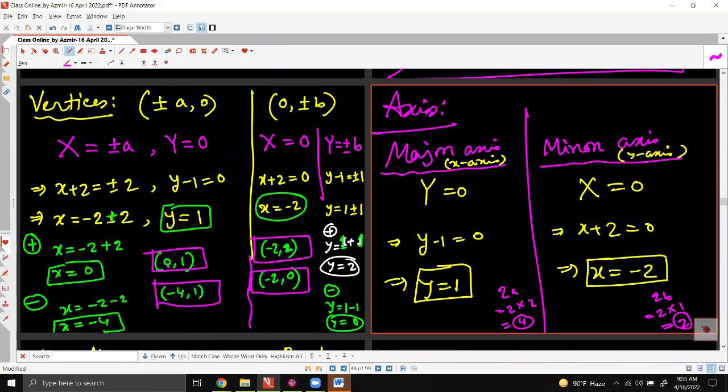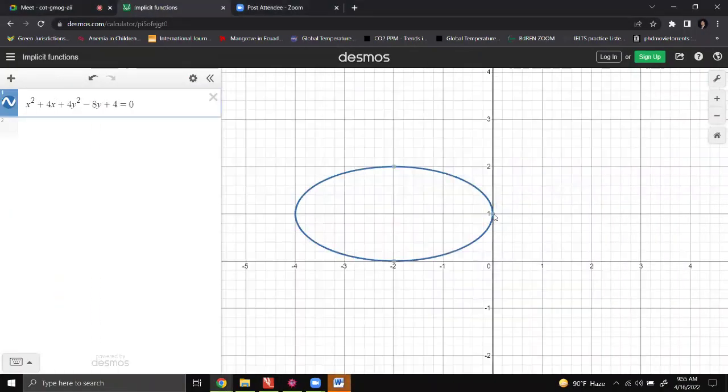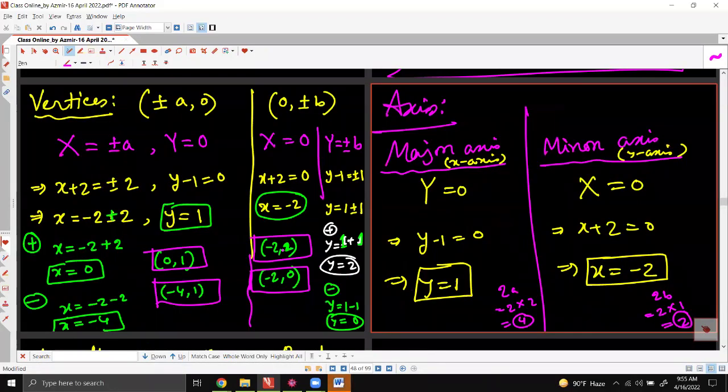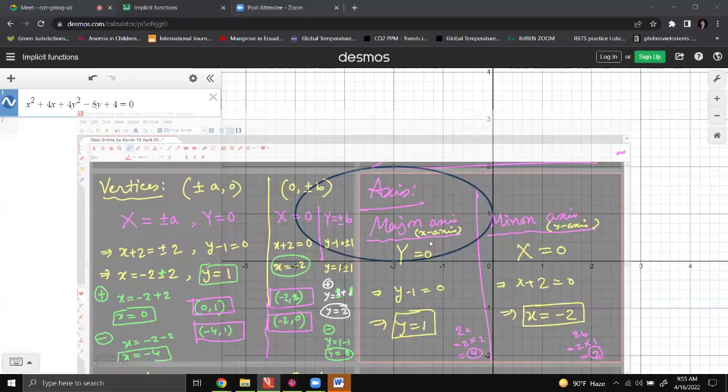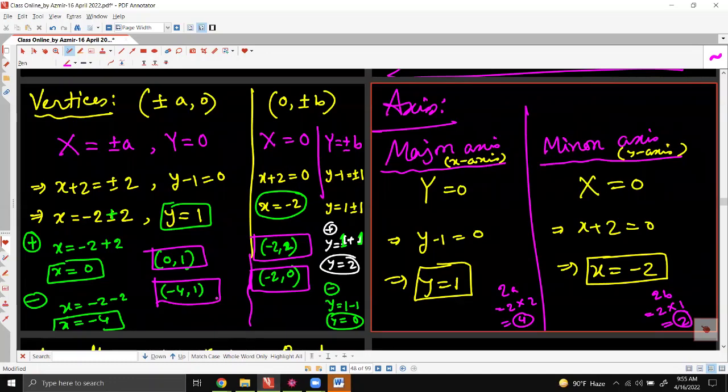The vertices will be at 0 1, minus 4 1, and another two vertices are minus 2 2 and minus 2 0. So all the vertices are here, and by our analytical method we have found all the vertices.